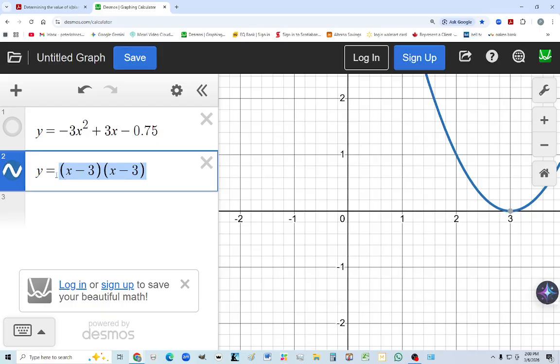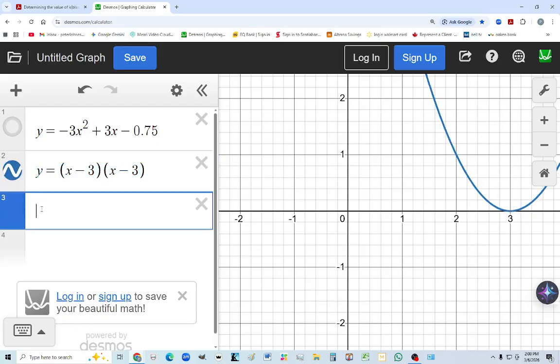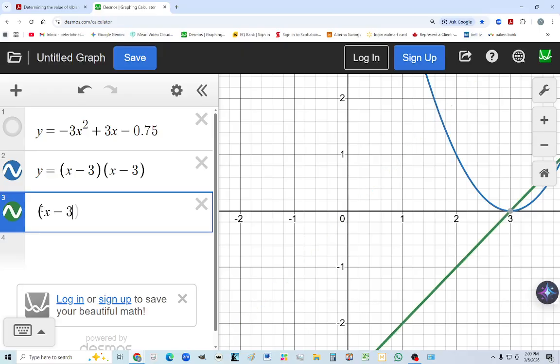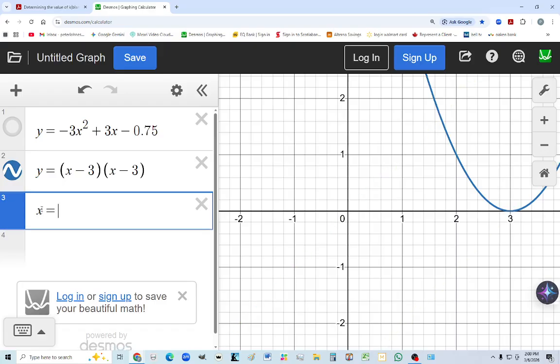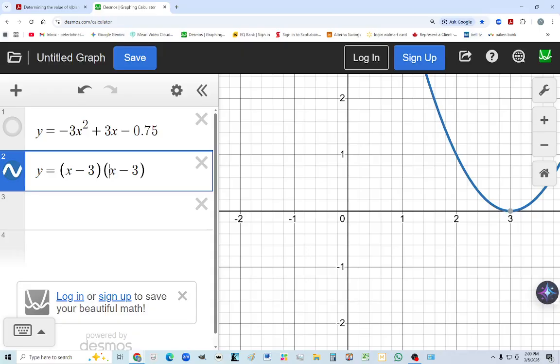When we solve for that at 0, when this is equal to 0, well, x minus 3, for it to equal 0, x must be 3. And since they're both the same, the solution of x equaling 3 is the only way this bracket can become 0, and it clearly happens twice, which is why it has only one x-intercept, but two roots that are equal.